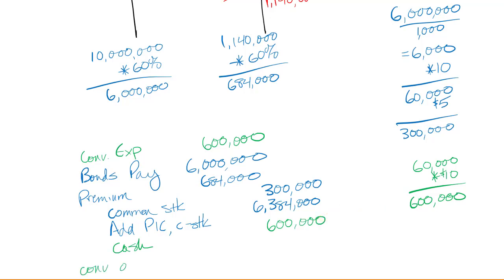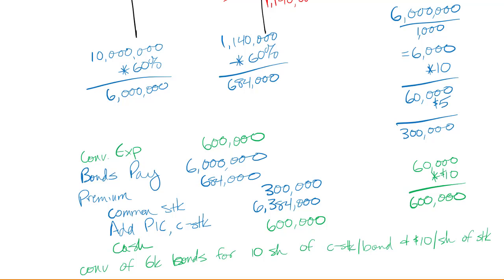Conversion of 6,000 bonds for 10 shares of common stock per bond and $10 per share of stock, or something like that. Just enough of a description that we know what's going on.